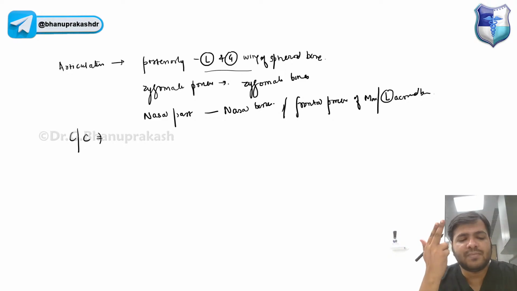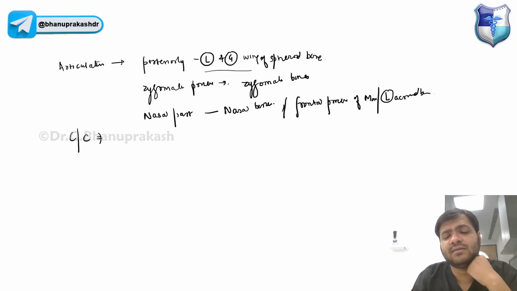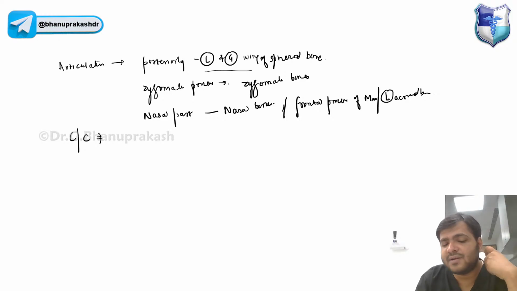The union takes place in the second year and is completed by the end of the eighth year. The remains of this suture in an adult are at the glabella, termed the metopic suture.